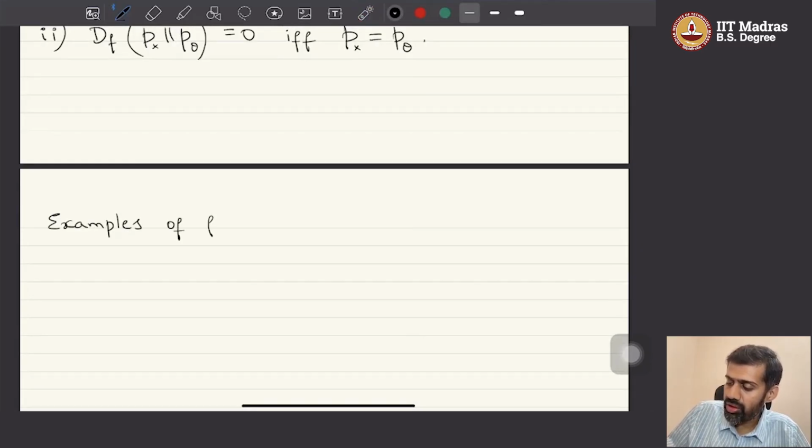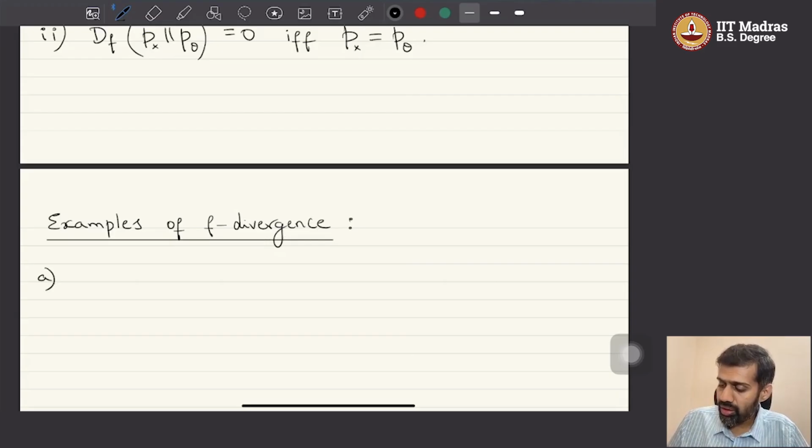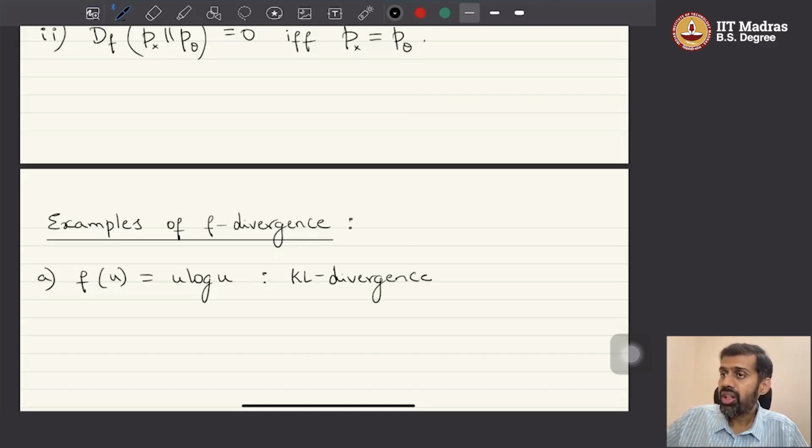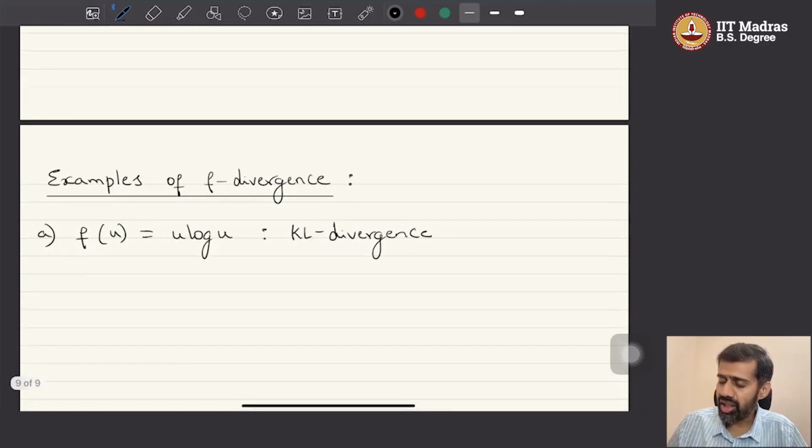Examples of f-Divergence. Now, if f of u is u log u, then the corresponding f-Divergence will be the famous Kullback-Leibler divergence, or KL divergence. It is very easy to see that with this particular choice of f, the underlying f-Divergence becomes the KL divergence.